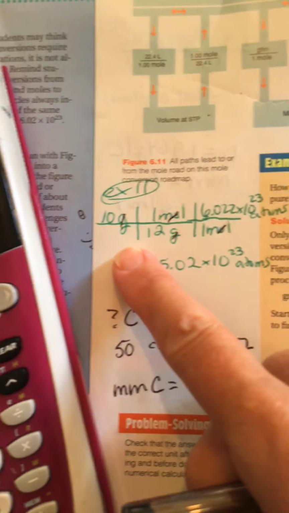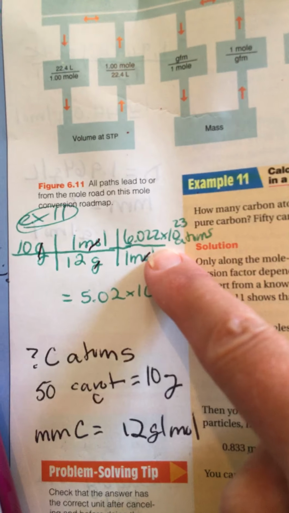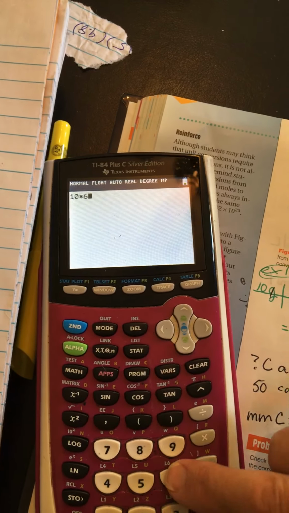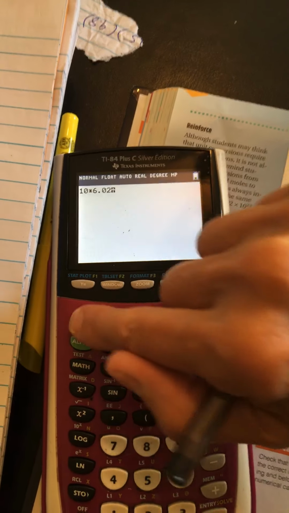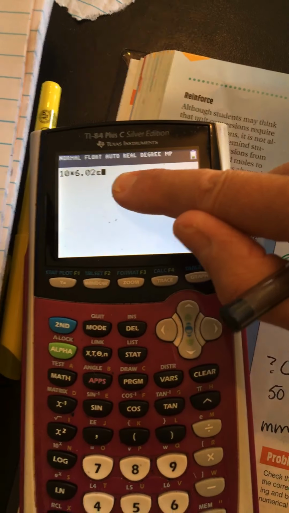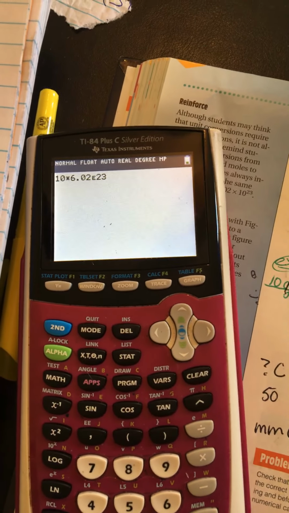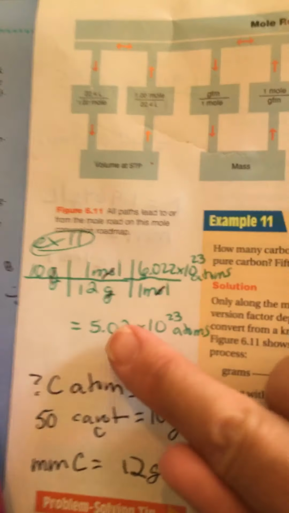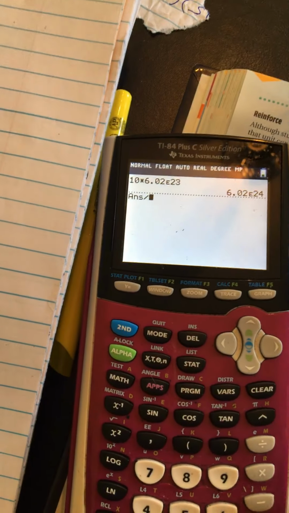I do 10 times 6.02 times 10 to the 23rd. Go ahead and hit enter. Get that answer before you say divided by 12.